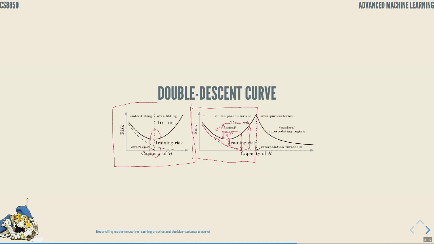What they observed, and you can see it in this bias-variance trade-off figure, is that at some point your model becomes over-parameterized, and then the test error starts going down again. So look, you keep increasing the complexity of your model, and it's not time here, it's the capacity of the model.